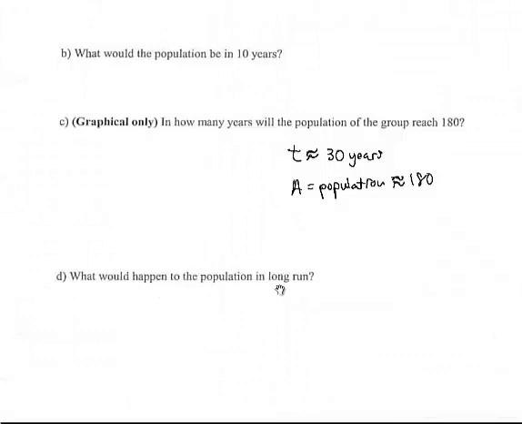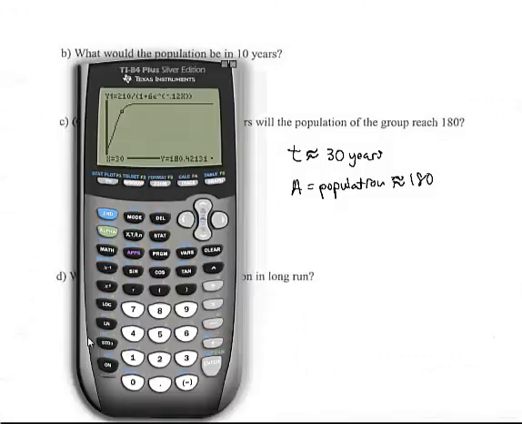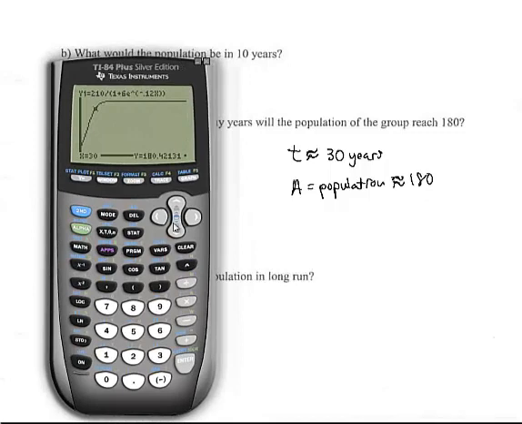D, what would happen to the population in the long run? If we trace along the function, as we go to the right, we increase our time. So in the long run, as time increases, x becomes bigger and bigger.